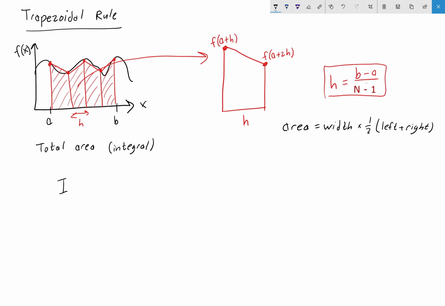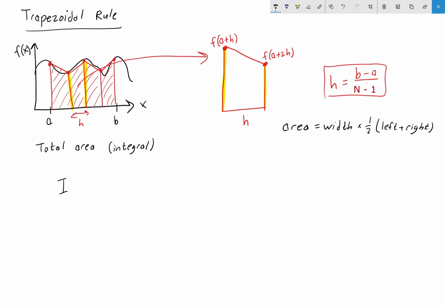Now, however, we do have to be a little bit careful because the sides of these overlap. So the left-hand side of this first slice is the right-hand side of the second slice. And then the right-hand side of that slice is the left-hand side of the next. So there's some sharing here between left and right.